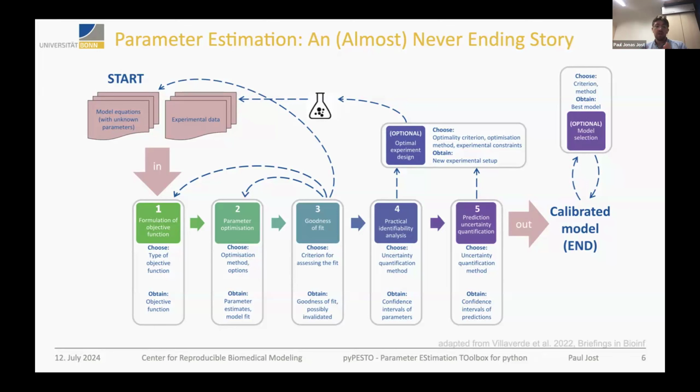If you chose them, you optimize, you get some kind of parameter estimates. And then you come to the most crucial point of parameter estimation. As simple as it sounds is, how well does your data fit? Because the parameter estimation can look as good as it is, the parameters can be as interesting as they are, if they don't fit the data, they don't have a real value for this parameter estimation problem.